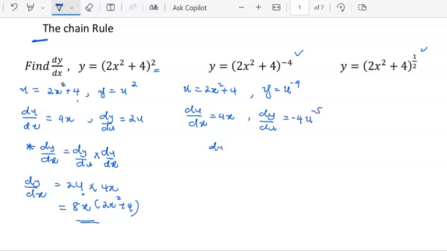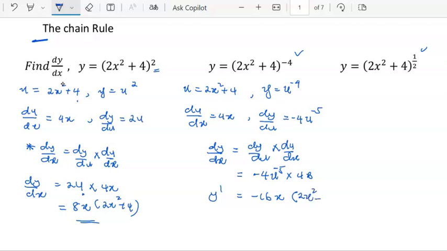Join them together: dy/dx is dy/du multiplied by du/dx, so negative 4u to the power negative 5 multiplied by 4x. Your final answer, your derivative here, is minus 16x times (2x squared plus 4) to the power of negative 5. That's your derivative.